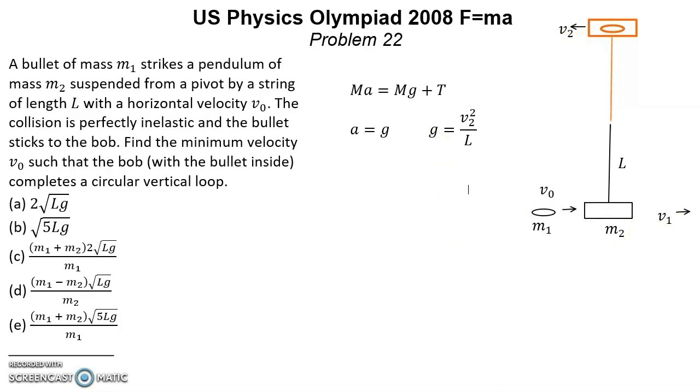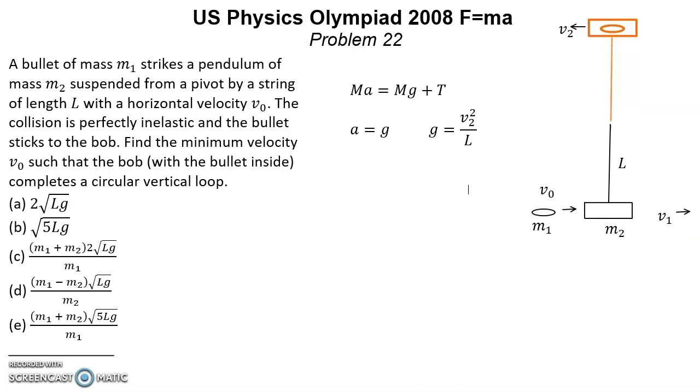So next step, if we know the velocity at the highest point, we can find the velocity at the lowest point right after collision. So we have to find velocity v1. For that we can use energy conservation.